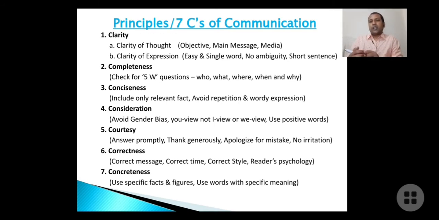মেসেজটাকে। কমপ্লিটনেস অর্থাৎ চেক ফর 5 W questions: who, what, where, when and why.